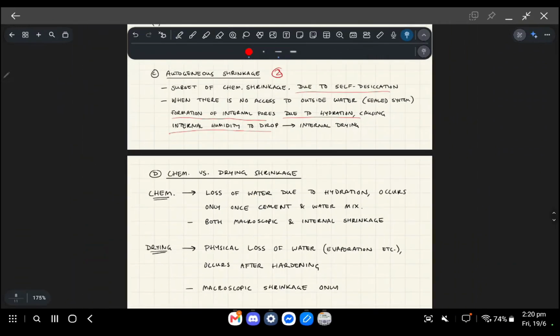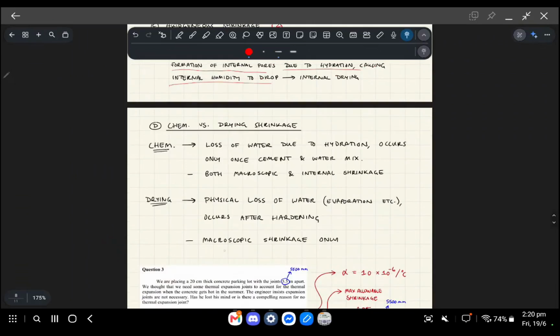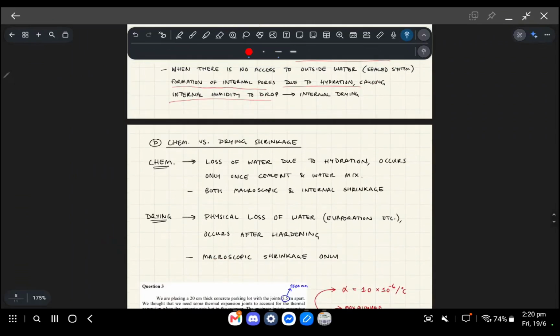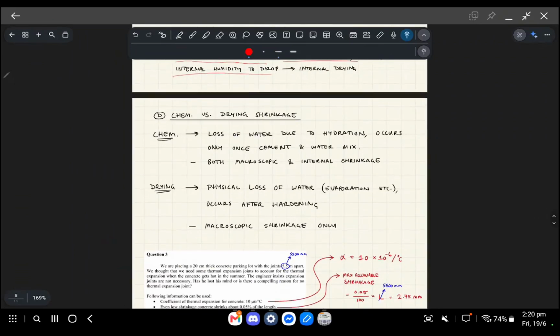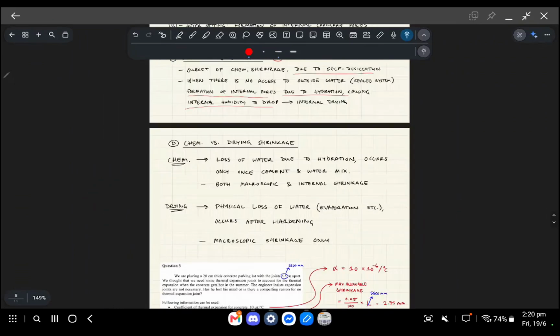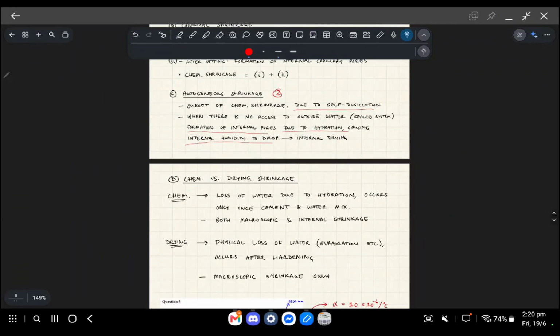In terms of drying, the physical loss of water, such as evaporation, it's macroscopic only. This is kind of just wording what I was saying earlier, but differently.